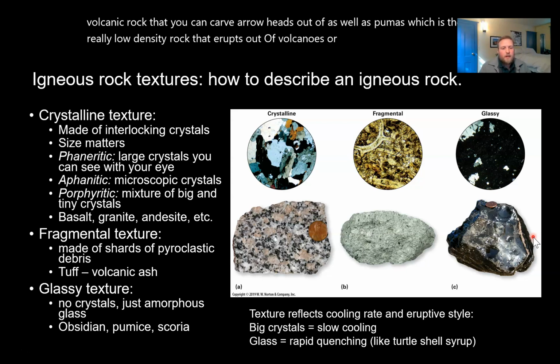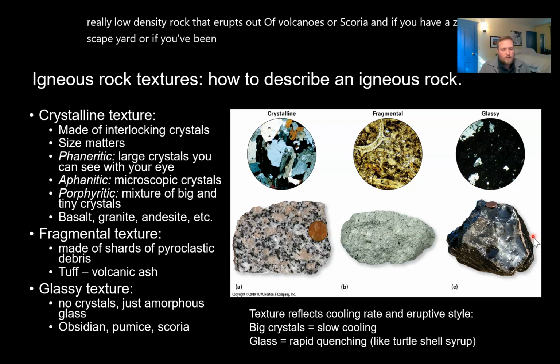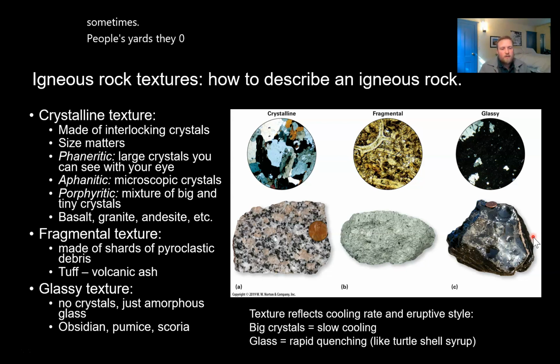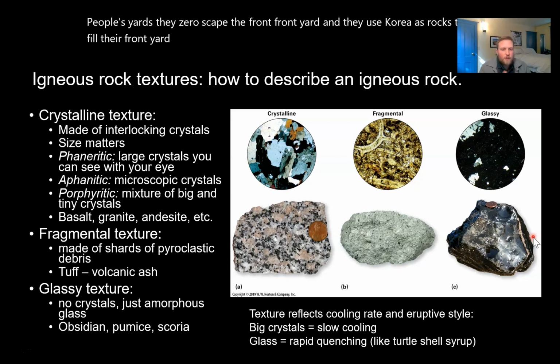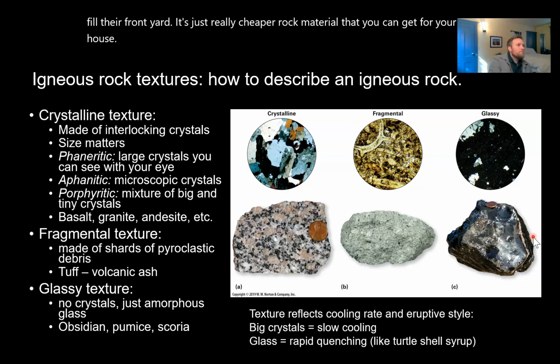And if you have a xeriscaped yard, or if you've been out to Arizona, New Mexico, or Colorado, people xeriscape the front yard and use scoria as rocks to fill it. It's just really cheap rock material that you can get for your house. Okay.